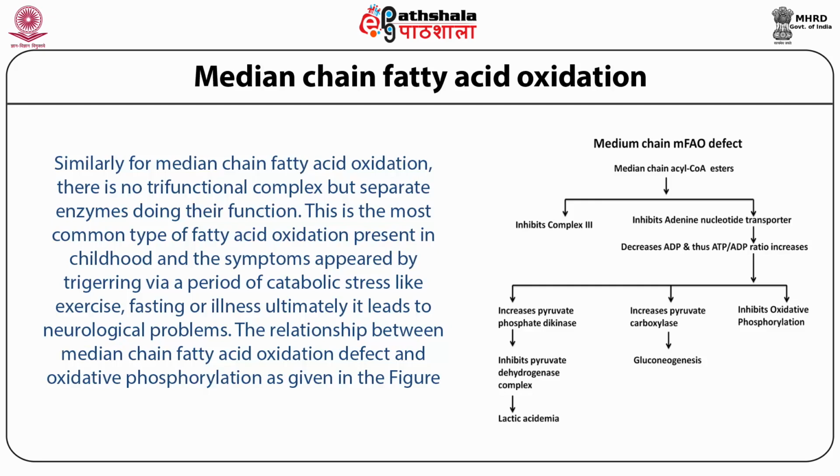This increase in ATP to ADP ratio increases pyruvate phosphate dikinase, inhibits the pyruvate dehydrogenase complex, and as a result lactic acidemia results. Also, the increased ATP-ADP ratio increases the pyruvate carboxylase, which enhances the gluconeogenesis process. The increase in ATP-ADP ratio also inhibits the oxidative phosphorylation process.